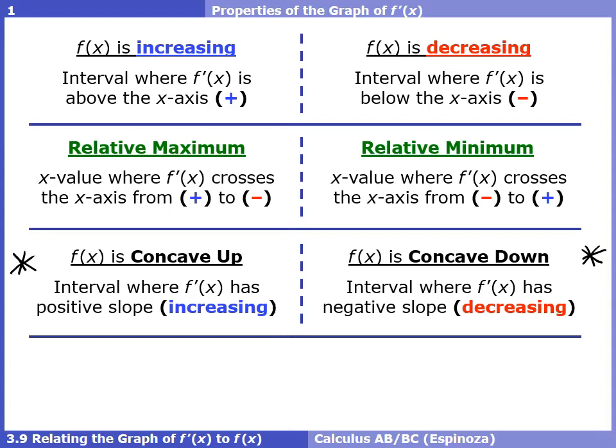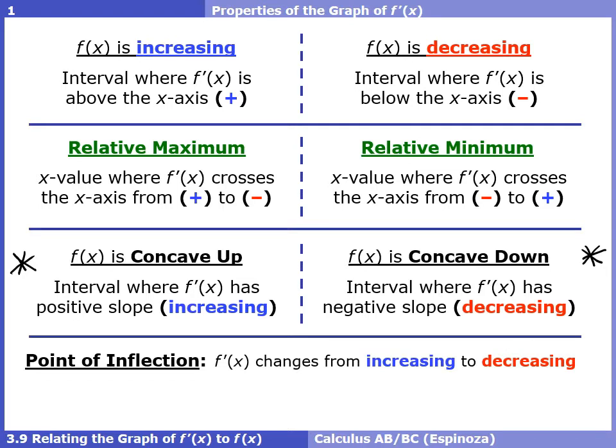So we have to understand fully what it means to have concave up or concave down. If we're trying to determine points of inflection, we're trying to see when concavity changes. And if you use the above explanation to lead into this, we're looking for where the graph of the derivative changes from increasing to decreasing or decreasing to increasing.